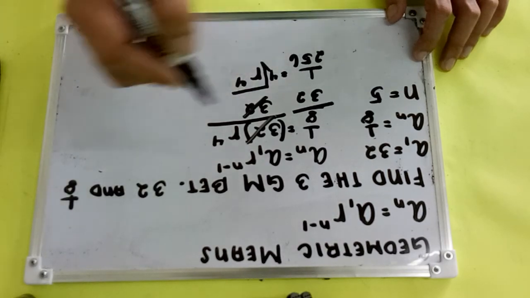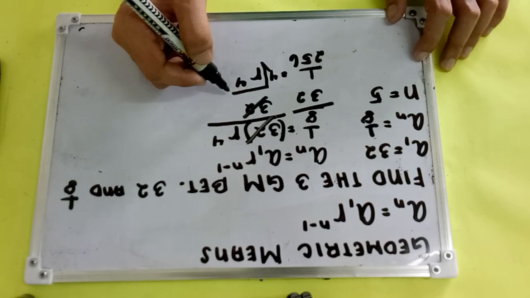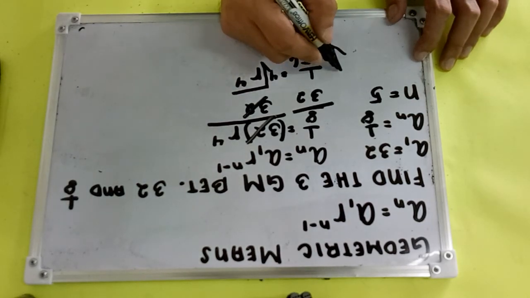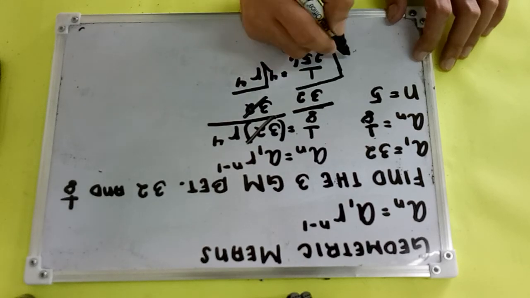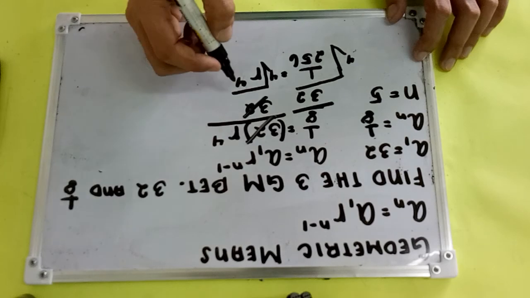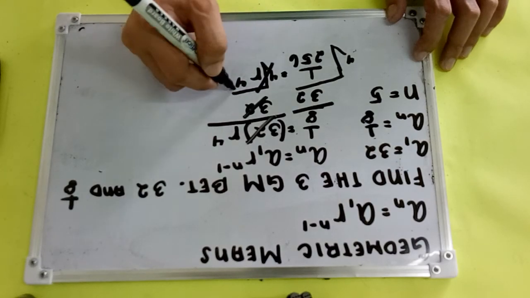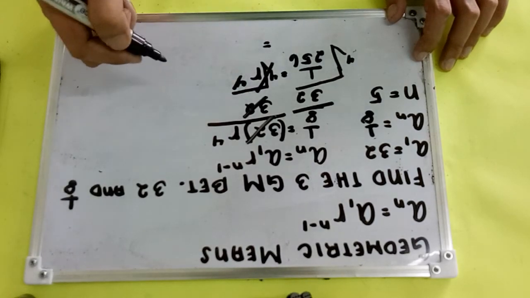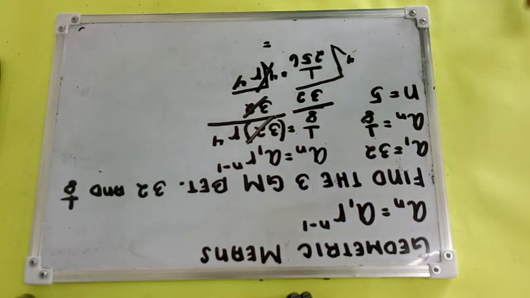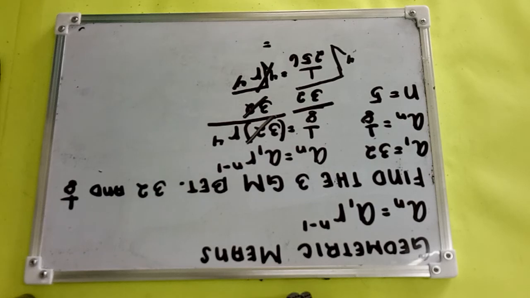Yun nga lang, since nag 4th root tayo dito sa right hand side, we also need to put a 4th root dito sa left hand side. Dito makancel ito, yung 4th root at ang exponent na 4. So dito matitira si 4th root of 1 over 256.